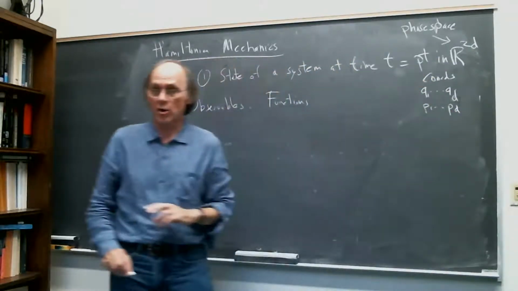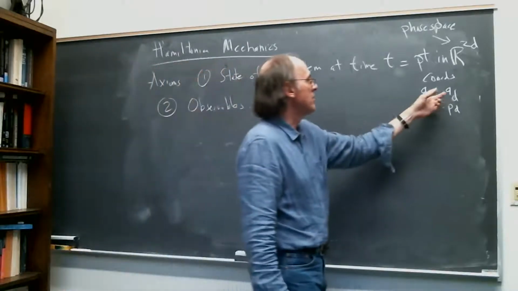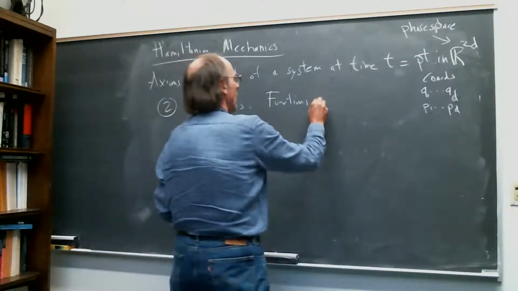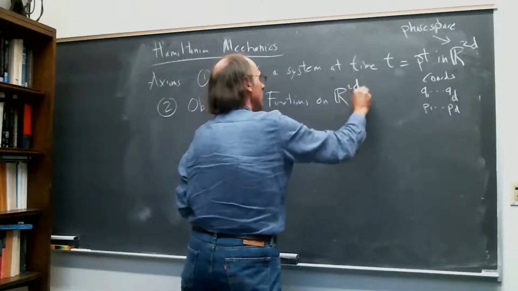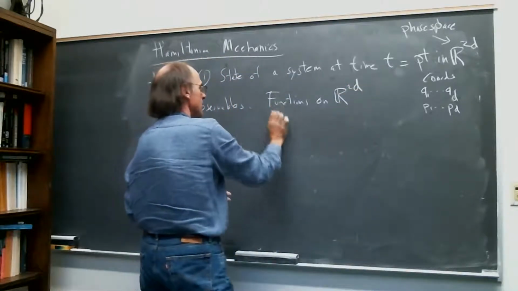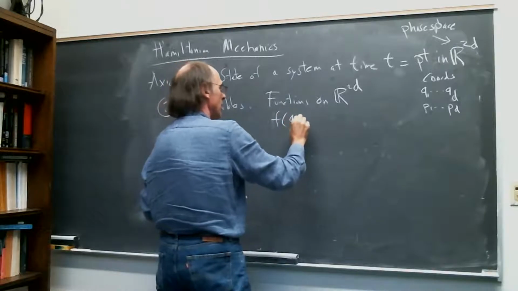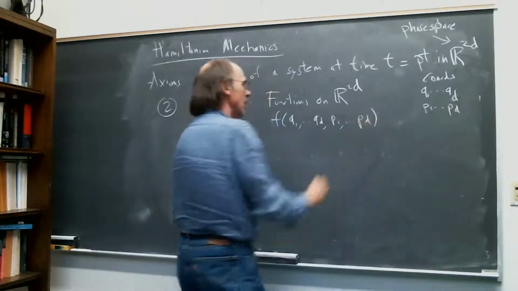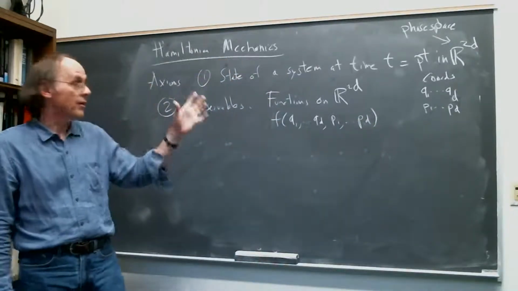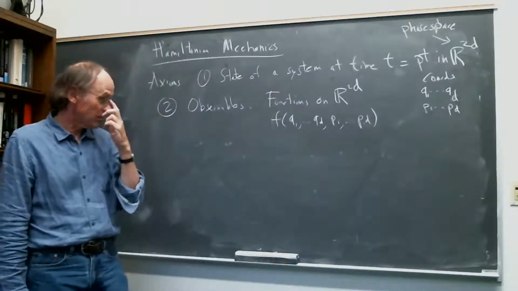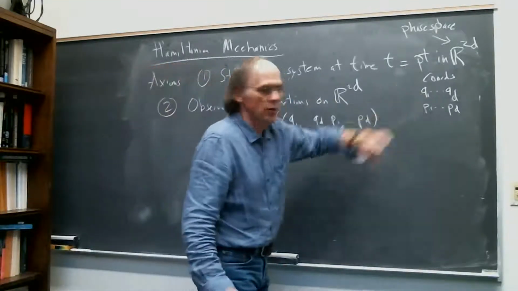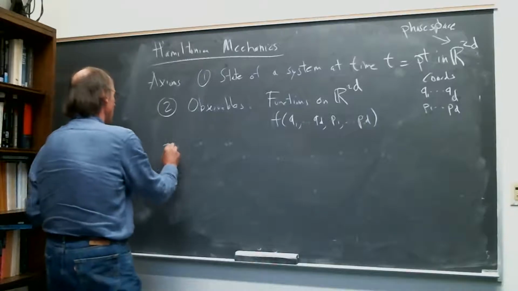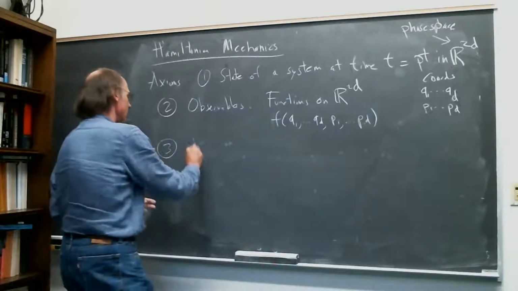So our coordinates are often going to be broken up into d q coordinates and d p coordinates. The observables of your classical mechanical system are functions on R^2d, some function of q_1 up to q_d, p_1 up to p_d, built out of q's and p's. And then third, there's a distinguished observable.